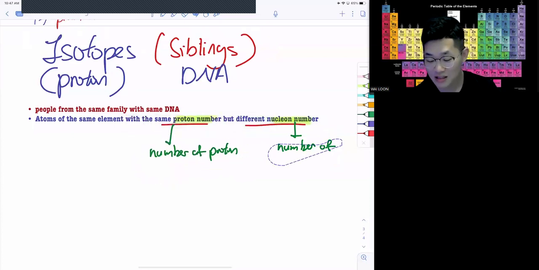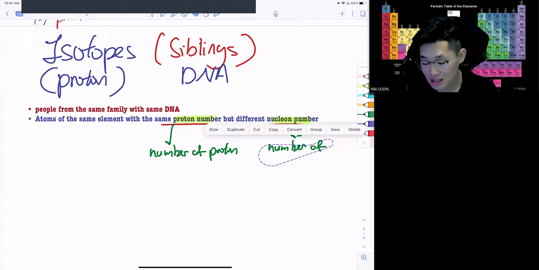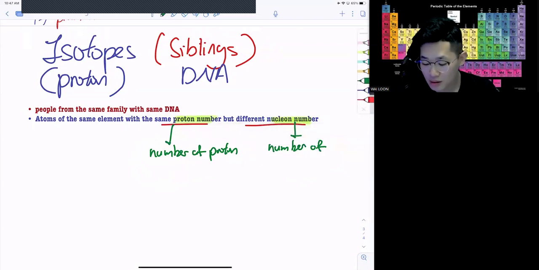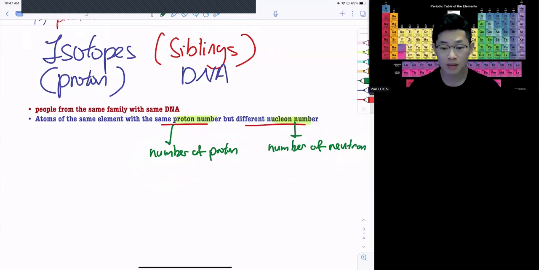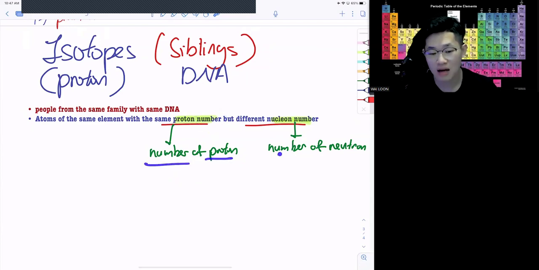Different number of neutron. Cannot be nucleon. Nucleon is straight away wrong. So you see which one you prefer: writing the word number at the back, or writing the word number in front? Number of proton, number of neutron. Proton number, nucleon number.